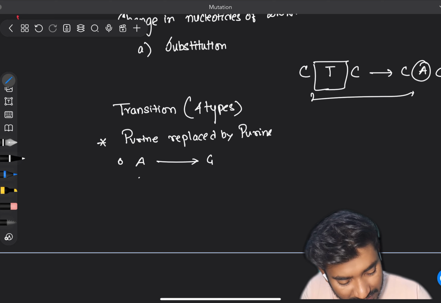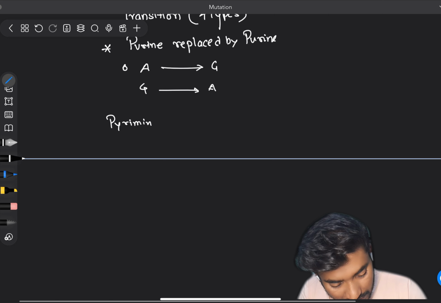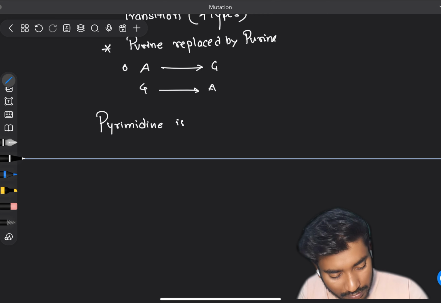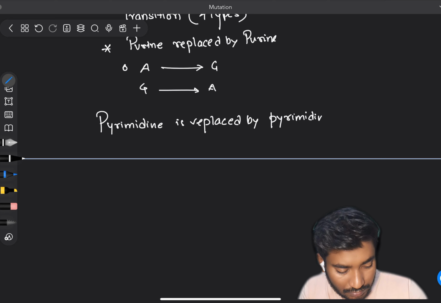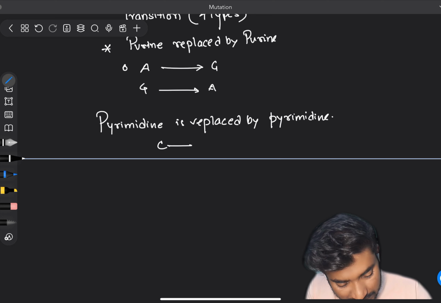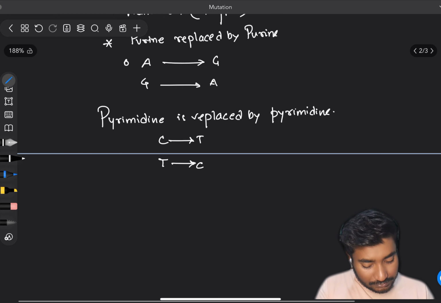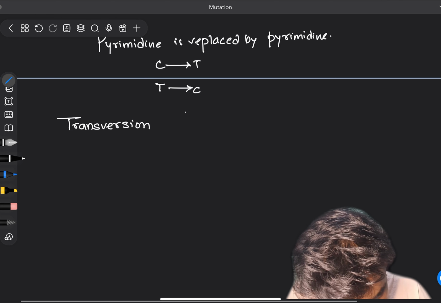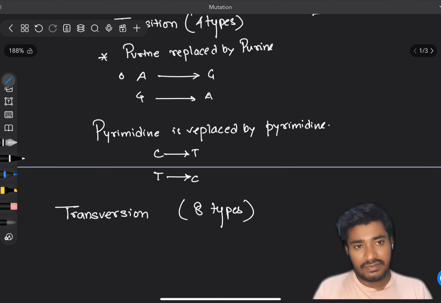A is replaced by G or G is replaced by A. And pyrimidine is replaced by pyrimidine: C is replaced by T and T replaced by C. Transversions are of 8 types. So transitions are of 4 types and transversions are of 8 types.